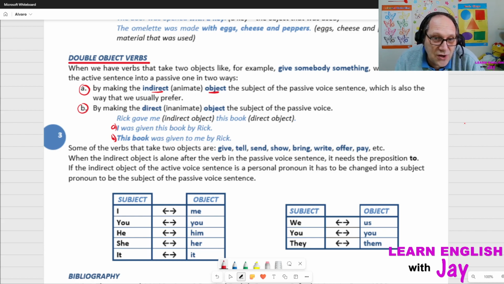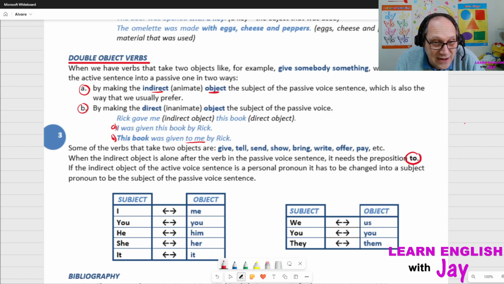If the indirect object, however, is alone after the verb, it needs the preposition to. So we're not going to say, this book was given me by Rick. It was given to me.